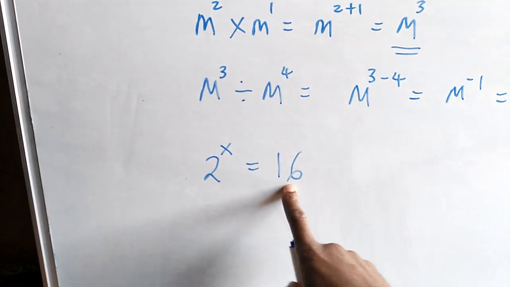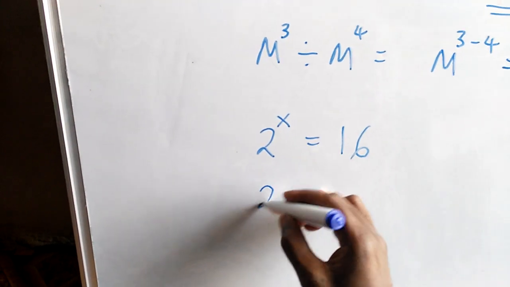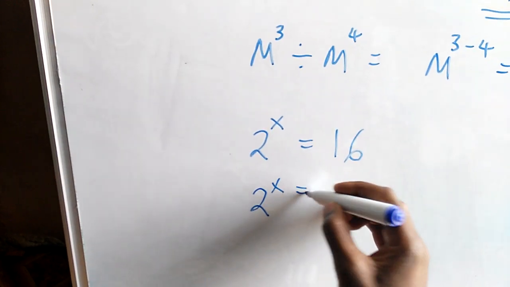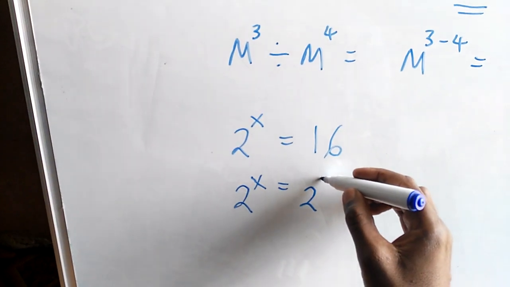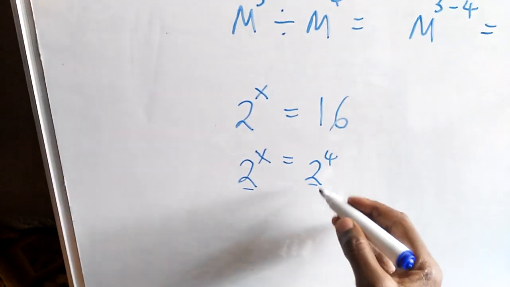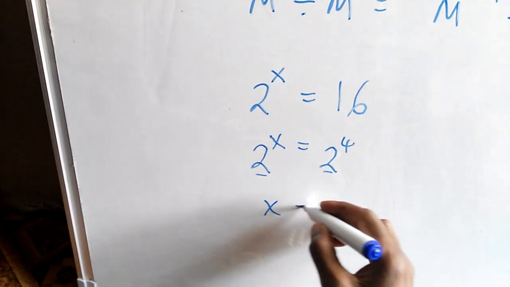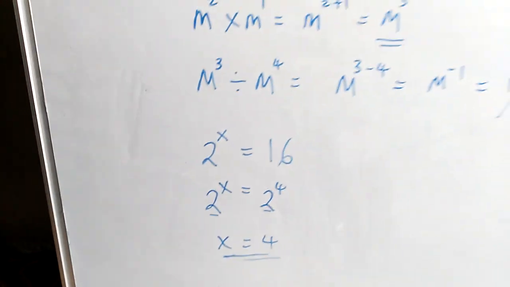There is also 2 to the power of 4. And we would say 2 to the power of x is equal to 2 to the power of 4. Eventually, we'll just equate the powers and say x is equal to 4.